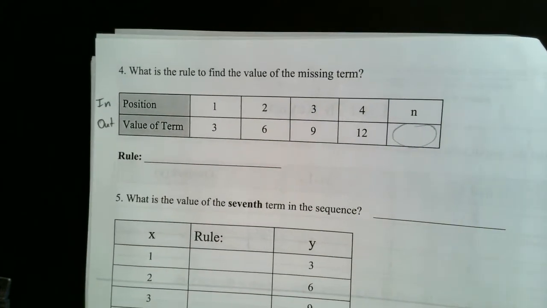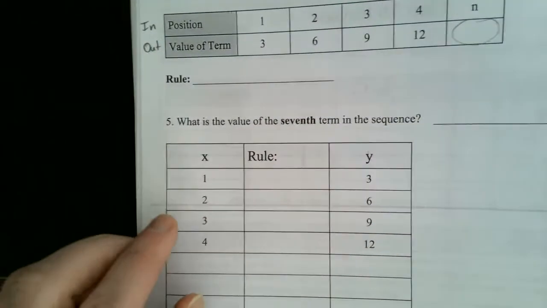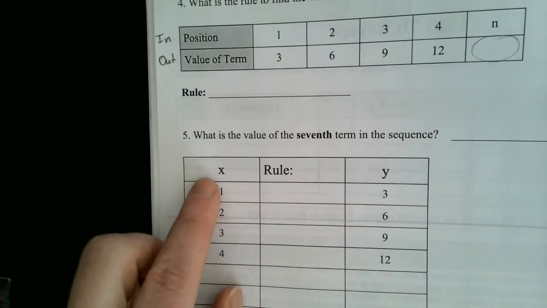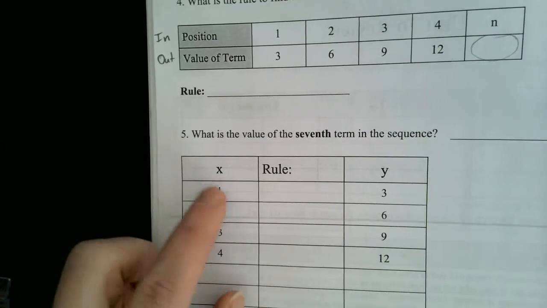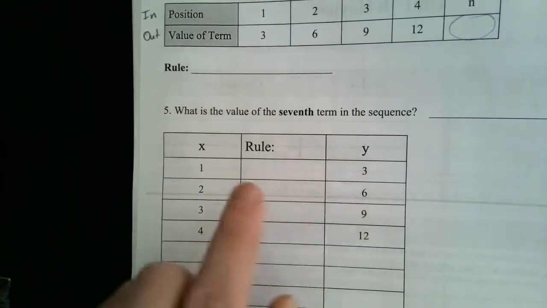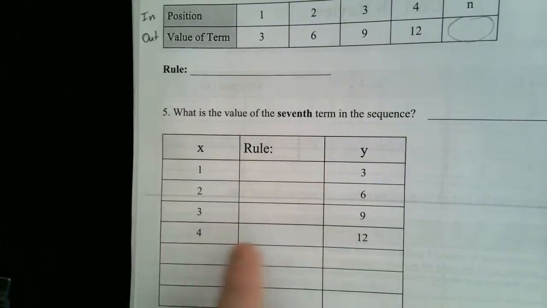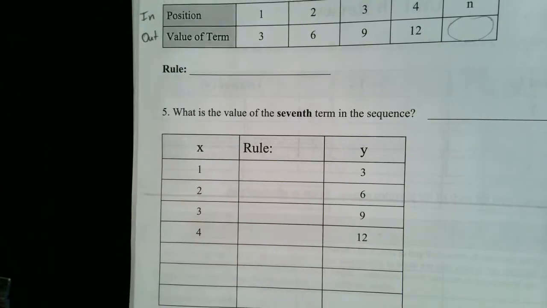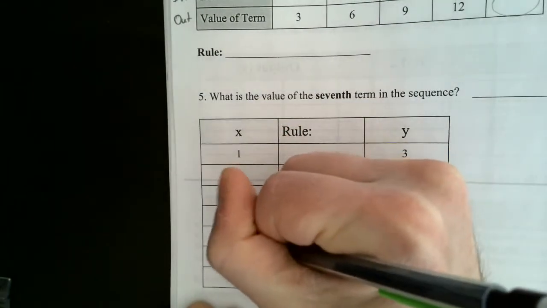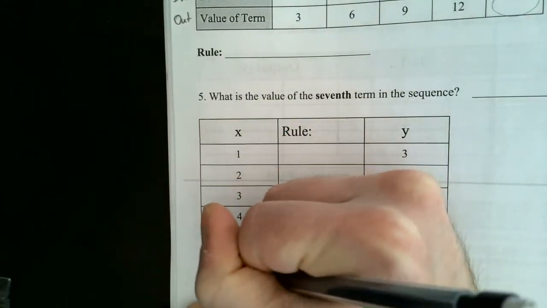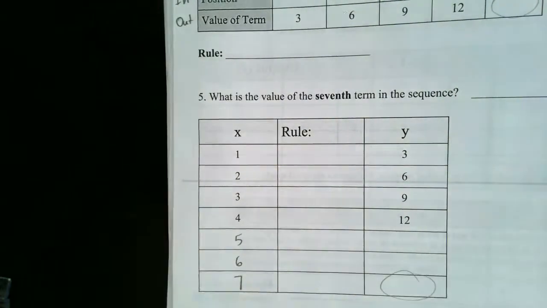Okay. What is the value of the seventh term? Well, let me give you a clue. These are kind of like the positions here, I guess. 3 is the first term, 6 is the second term, 9 is the third, 12 is the fourth. What I would do, I'd find the fifth, the sixth, the seventh term, that's going to be here.